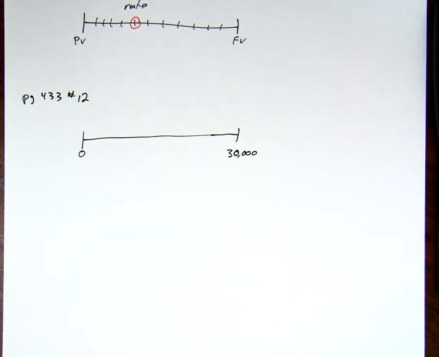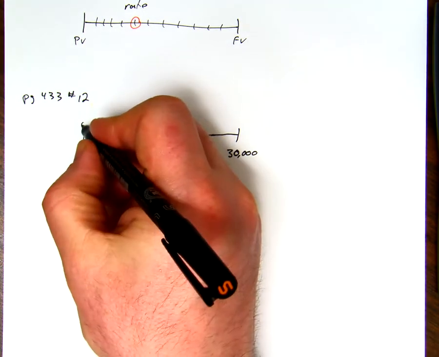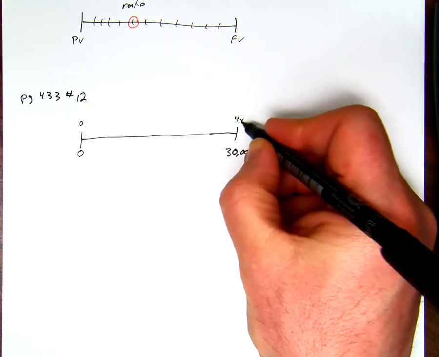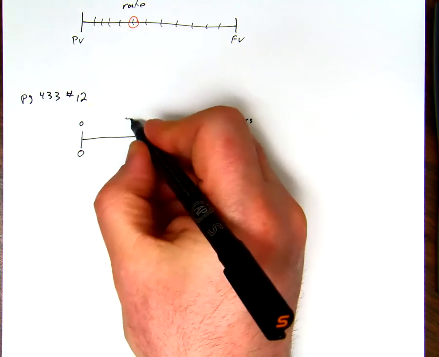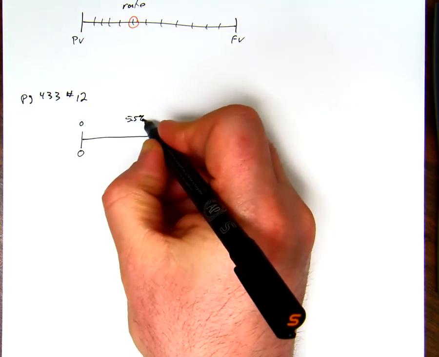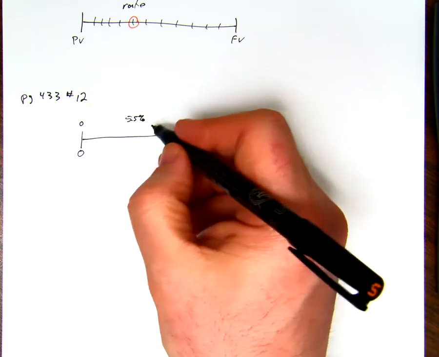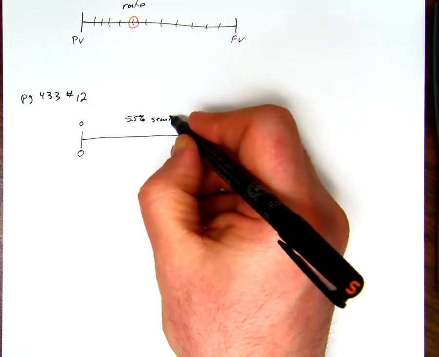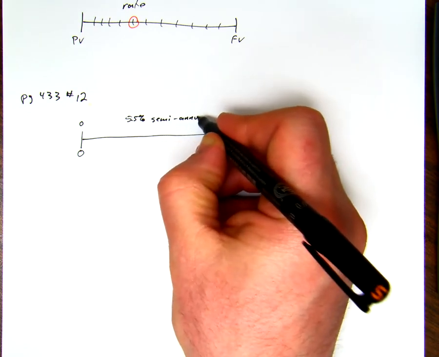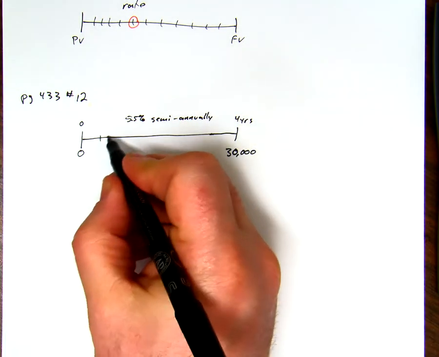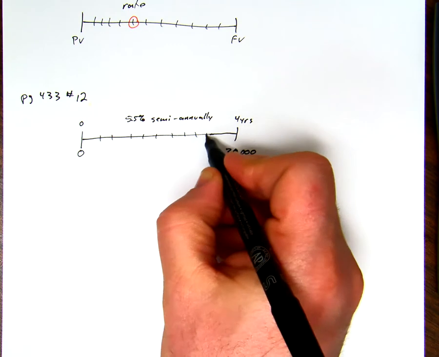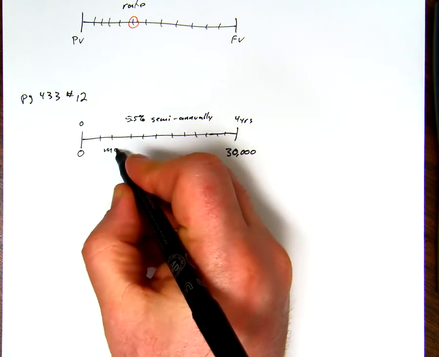We start at time 0, and it ends in 4 years, at 5.5% compounded semi-annually. And we know that these payments are going to be monthly.